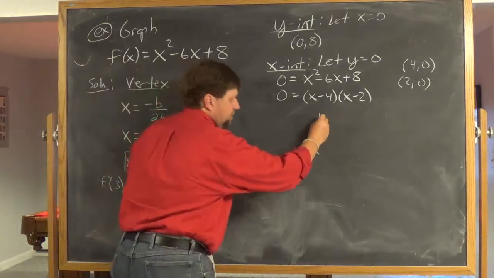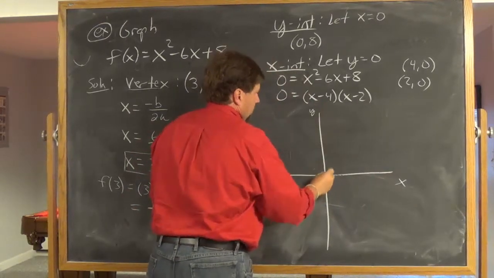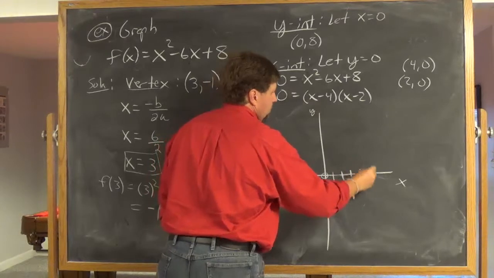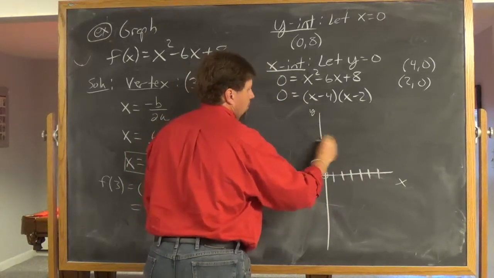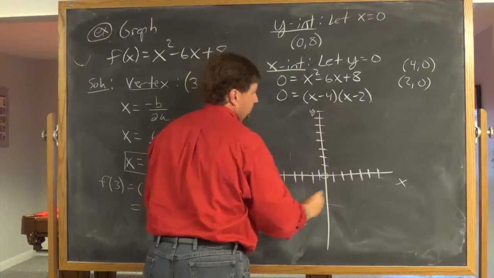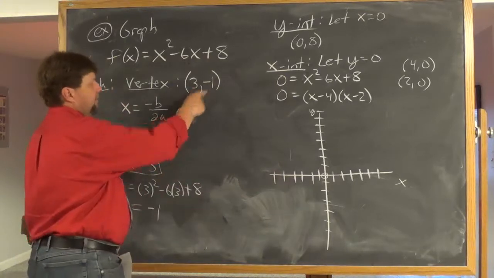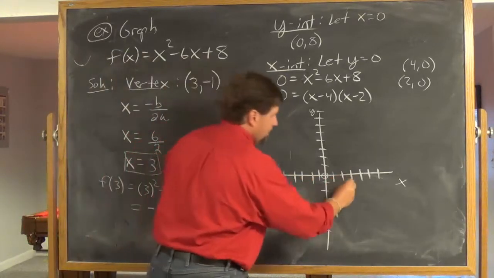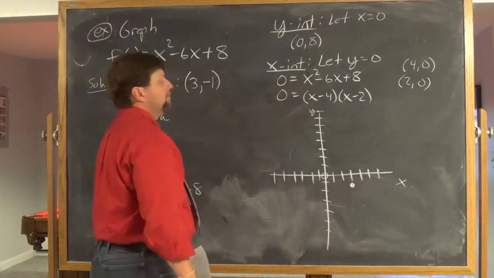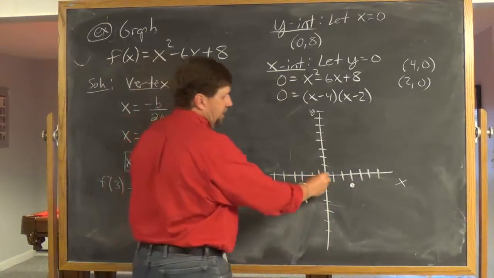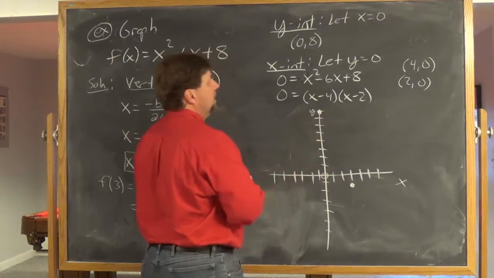If we plot those points, the vertex is at 3, negative 1. So 3, negative 1 is about right there. Y-intercept at 0, 8. That's about right here.